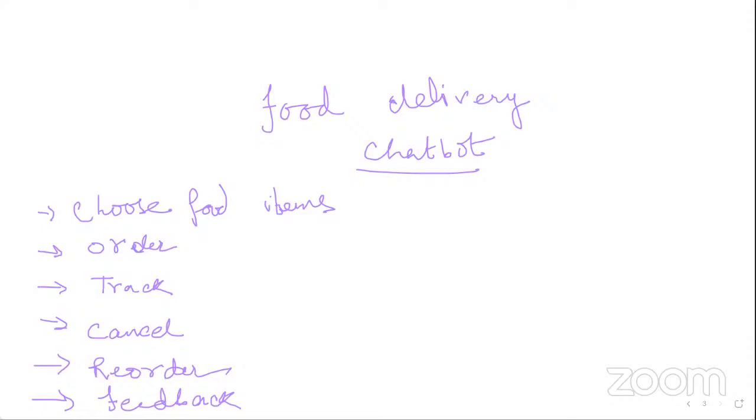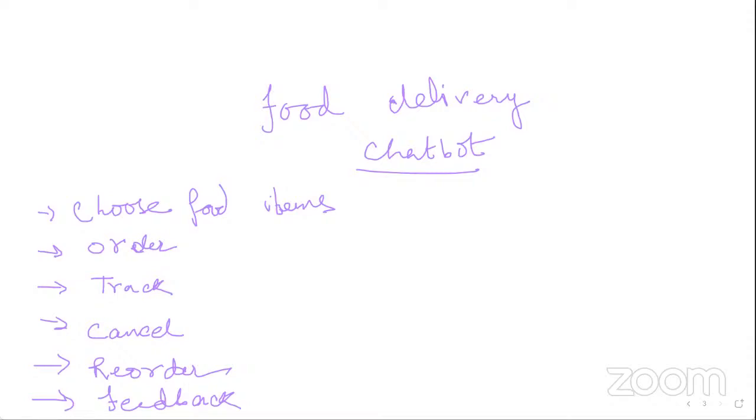Then is reorder. Let's say you like that dish very much and you want to reorder immediately, or in future, whatever the time frame is, that will vary from customer to customer. But reorder is one of the interesting topics.